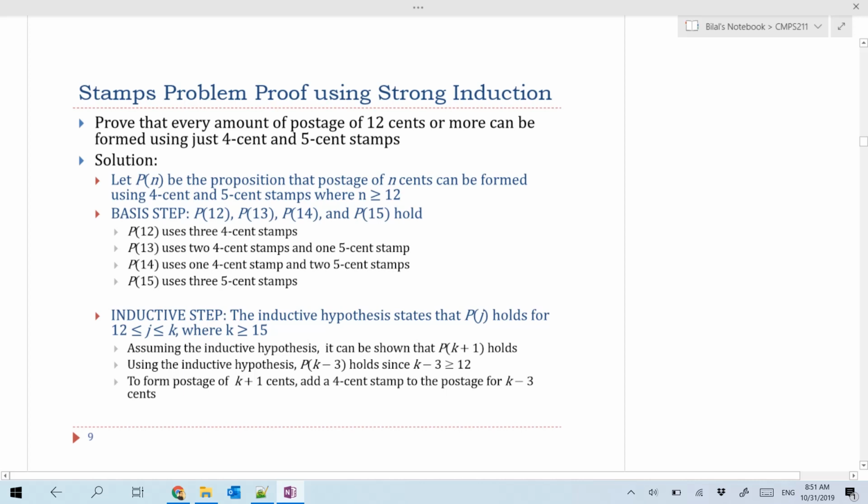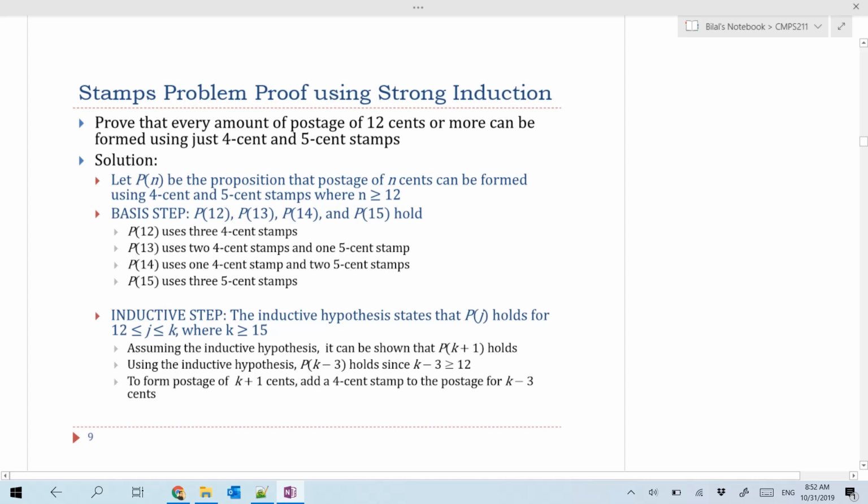But our assumption only considered the cases that are greater than or equal to 15. So any k minus 3 has this property. For 12, 13, 14, and 15, we are sure, okay? And for all the others, if you consider 16, then you know that P of 13 is true. If you consider P of 17, you know that P of 14 is true, and so on and so forth.